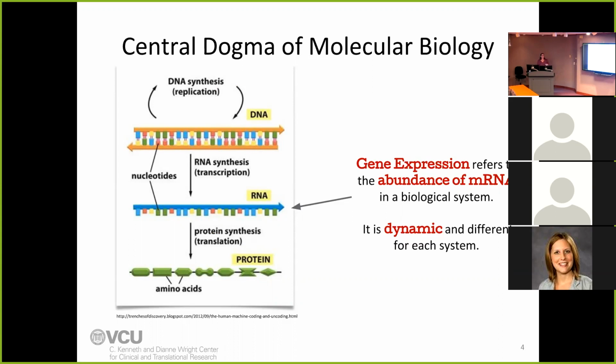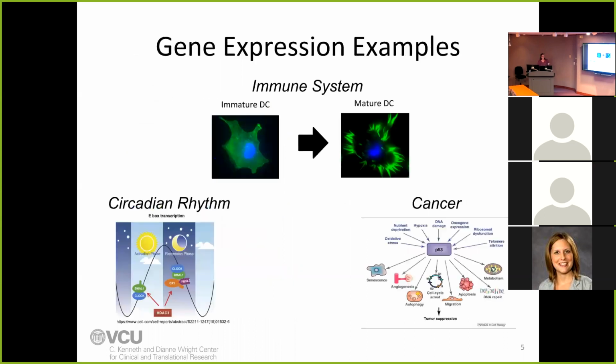My lecture is focused mostly on gene expression, that is, the abundance of messenger RNA in the system. Your gene expression is very dynamic and different for each system. For example, in the immune system, your dendritic cells float around looking for pathogens.